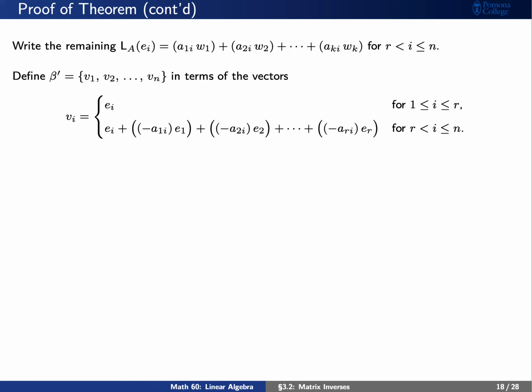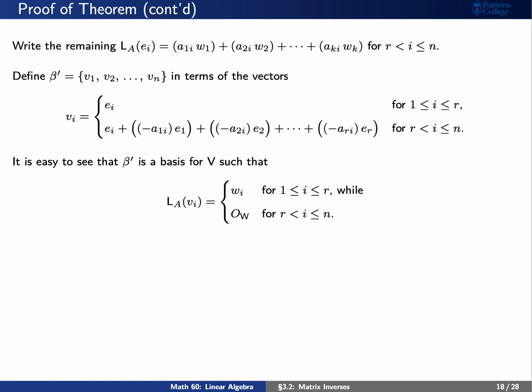We'll now look at the last N minus R vectors that we define in a rather strange way. We're defining it simply so that the image of the last N minus R vectors is 0. So the first R actually give us back the range of L of A, whereas the last N minus R lie in the kernel of the map. They generate the null space.